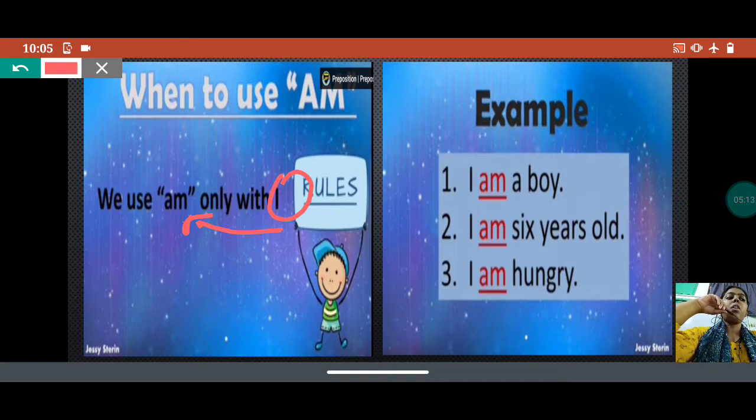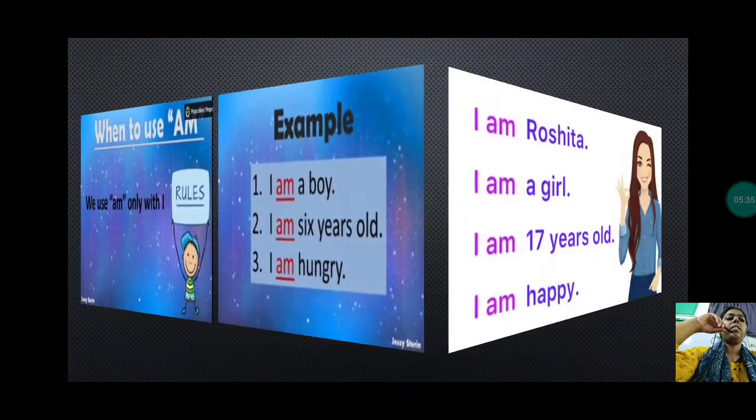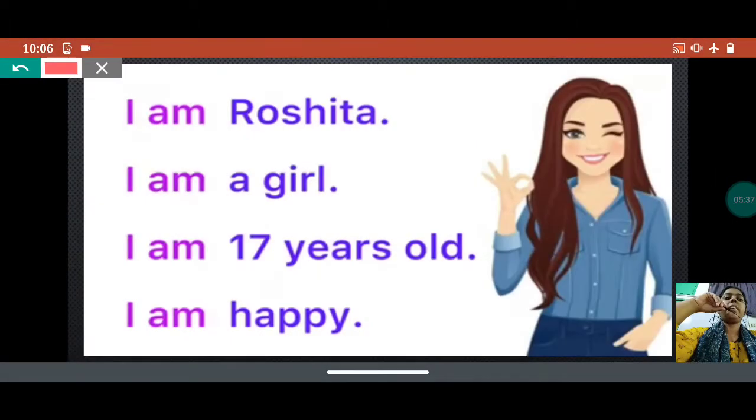And when we want to talk about ourselves, when we want to tell about ourselves, then we use I am. I always uses am. So I am a boy, I am 6 years old, I am hungry. Here a person is telling about himself or herself. A few more examples of am are: I am Roshita, I am a girl, I am 17 years old, and I am happy.